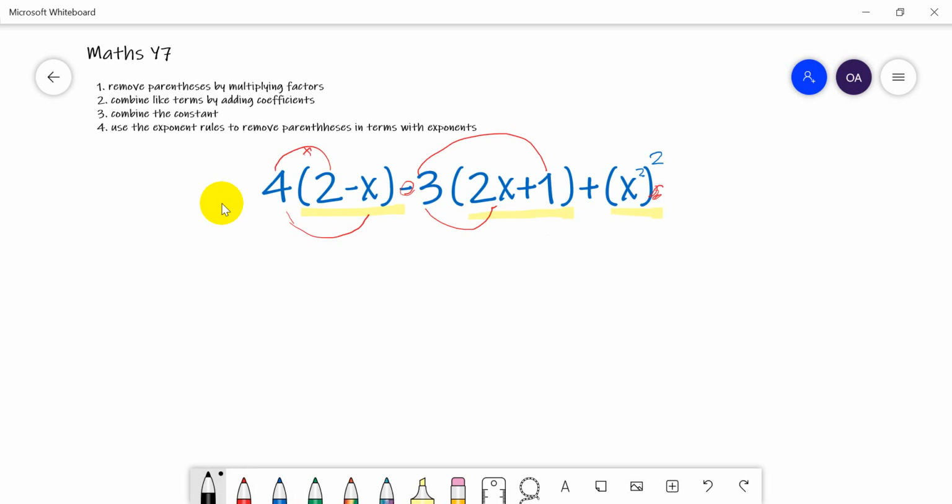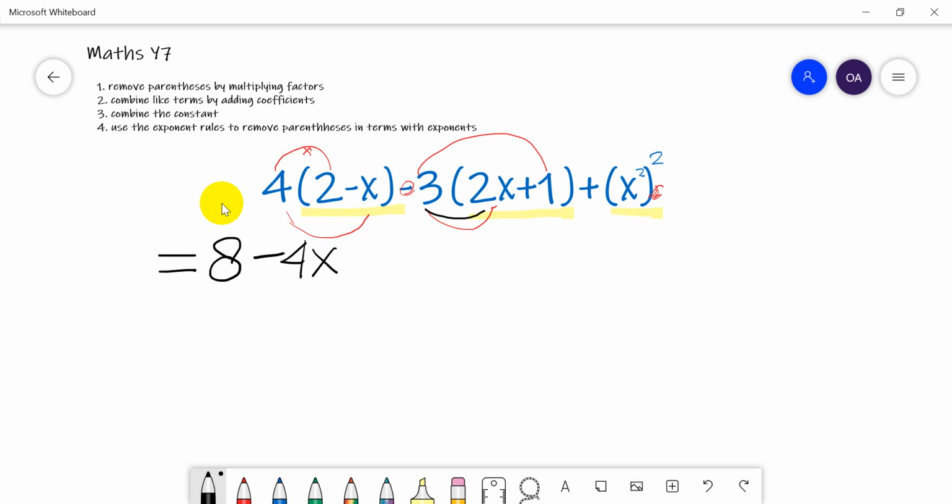Let's calculate it together. 4 times 2 is 8, right? And then 4 times -x is negative 4x. Yeah, you're right, it should be negative 4x. And then the second set of parentheses, -3 times 2x.